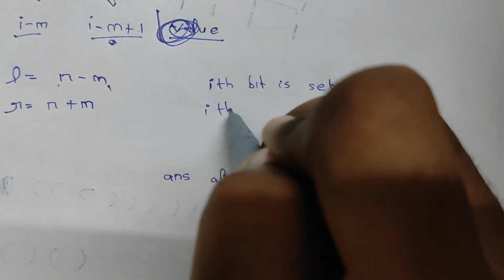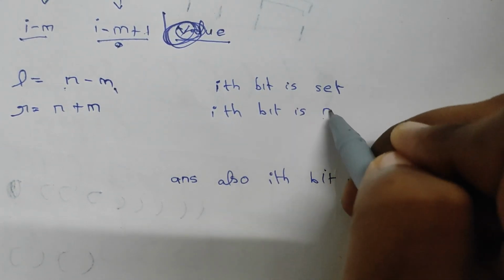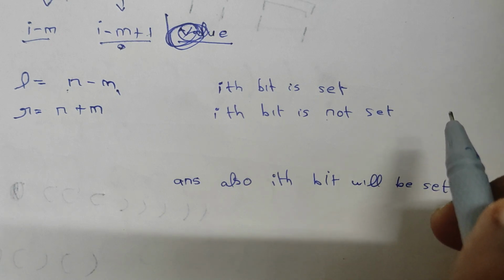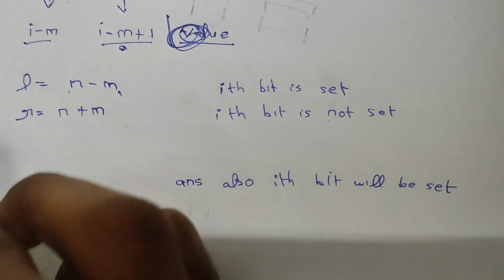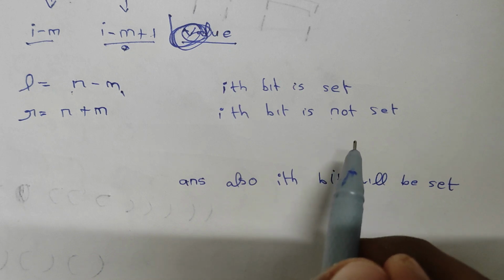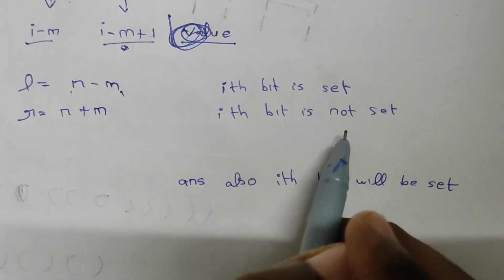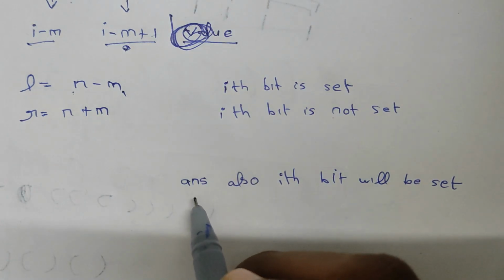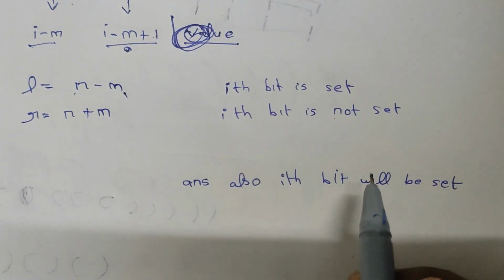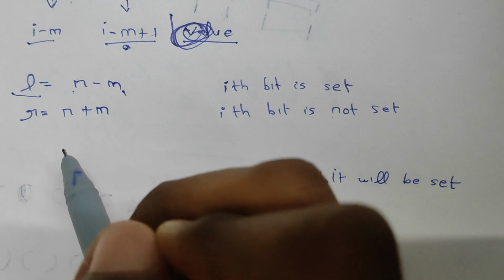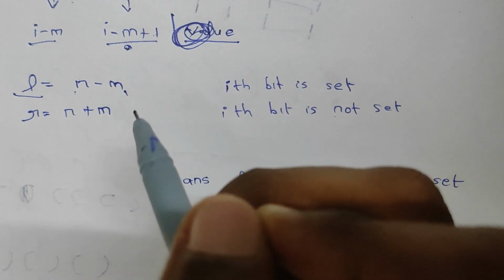But if the ith bit is not set, we have to check whether any value exists between L and R such that its ith bit is set. If there exists such a value, then when we take the OR, the ith bit of the answer will get set.